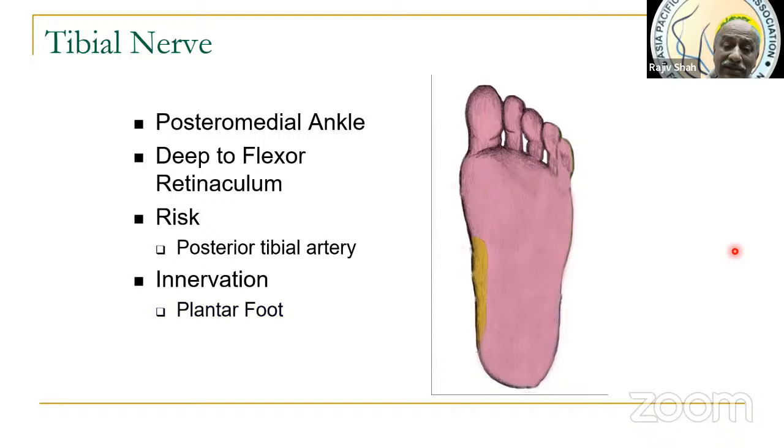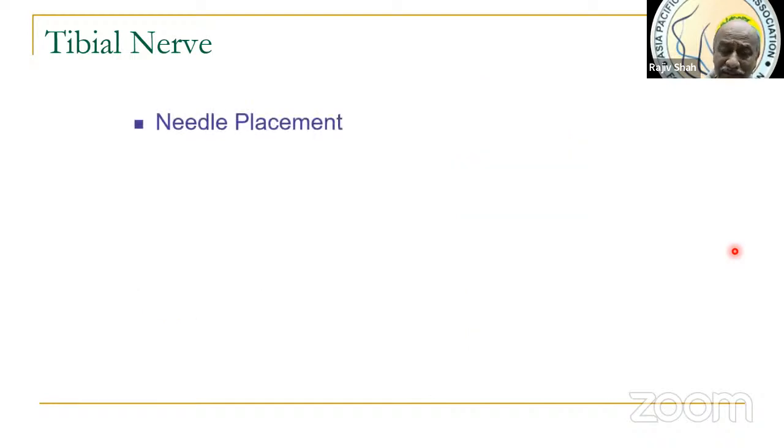Now how do we place the needle for injecting this? If chance permits, I'll take a small video of a posterior tibial nerve block, and I'll show you during the course of these sessions.